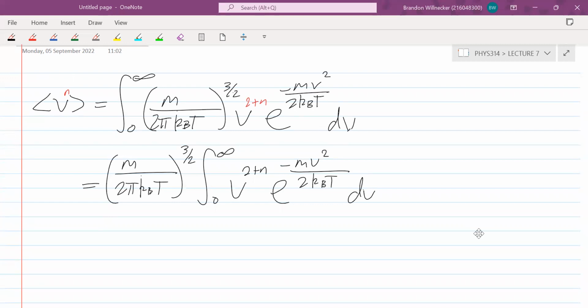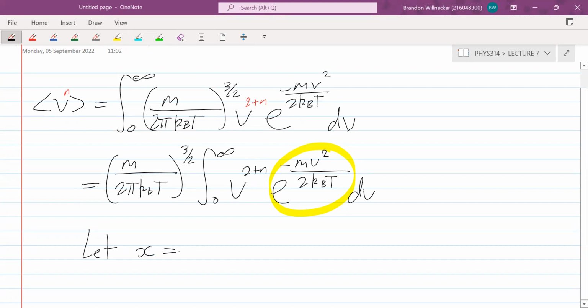This is a Gaussian, something like e to the minus x squared. You could do it like that, but it's very difficult, because you have to do the derivatives and integrals of Gaussians. That involves higher level maths. We don't want to worry about that. So instead, we're going to do a change of variables.